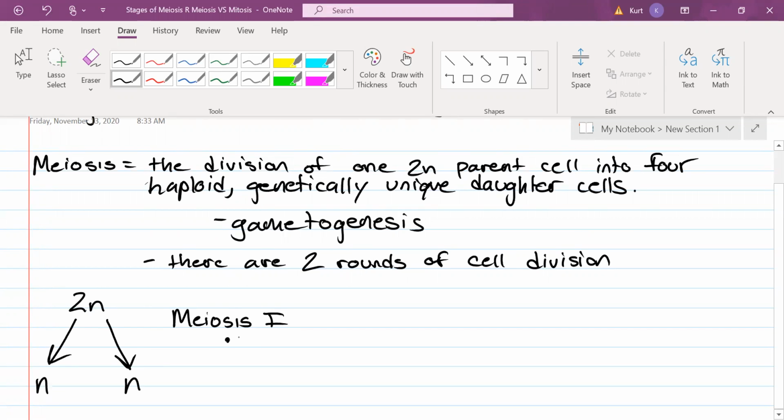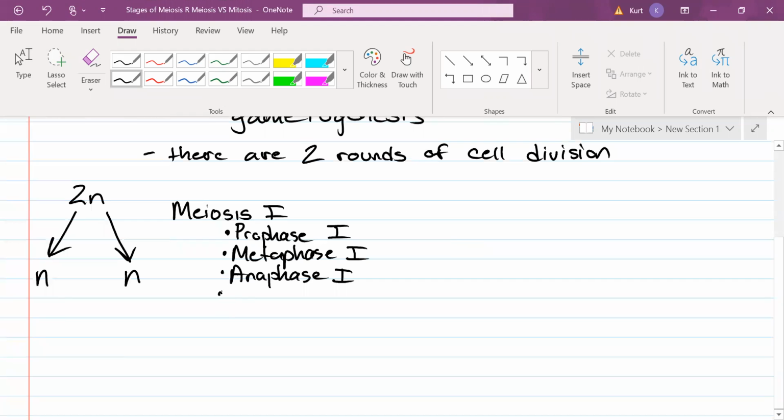And it involves prophase 1, metaphase 1, anaphase 1, telophase 1, and you can call this next one interkinesis, or you may call it cytokinesis 1.